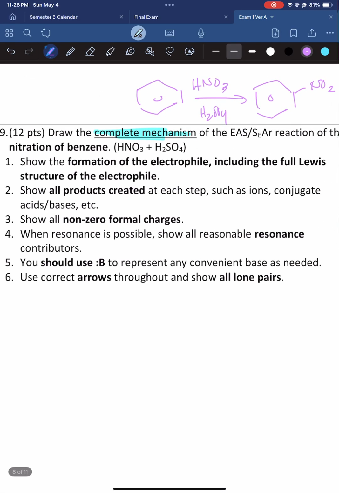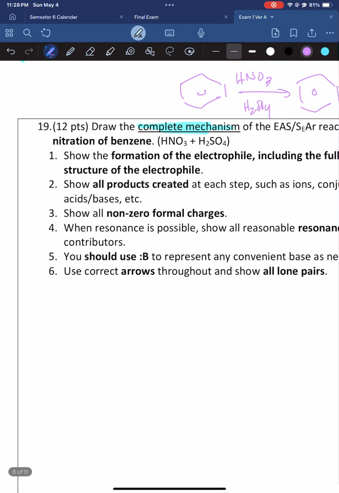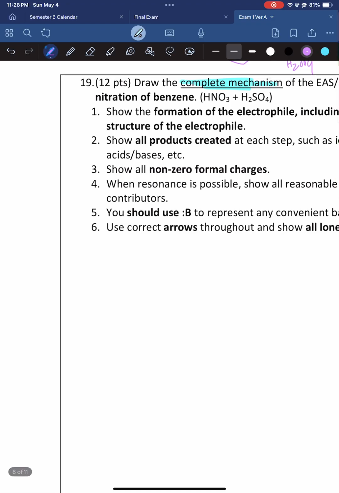So we have the nitration of benzene. In this case, we have this nitro group here. This goes back all the way to Gen Chem. Can you draw Lewis structures? This is going to be your HNO3. It looks a little something like this.